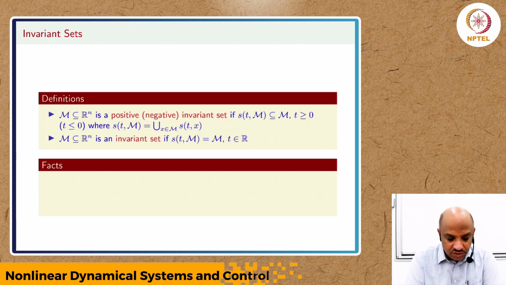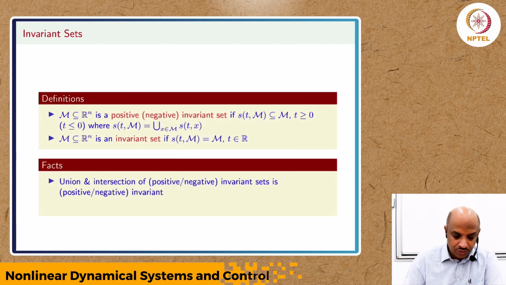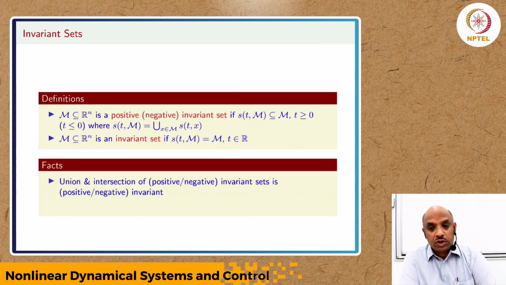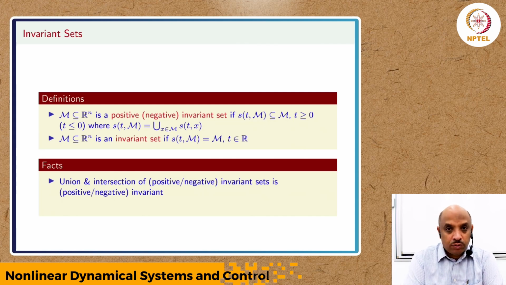If both of these things are true, one can actually show that S of t comma M is equal to M. This notation is given for the sake of completeness, but if you understand the intuition: if you start in the set and in positive time you don't go out, it's a positive invariant set, the other is a negative invariant set, and finally both of them put together is an invariant set.